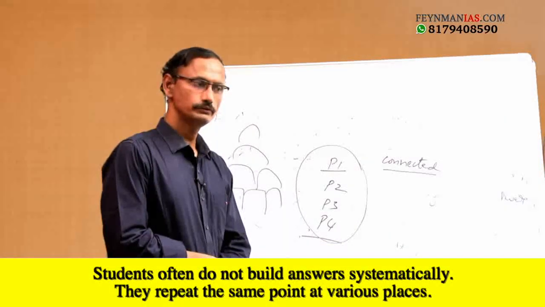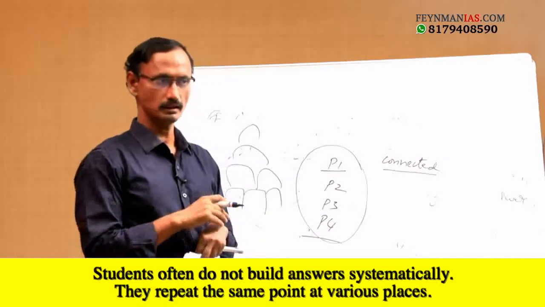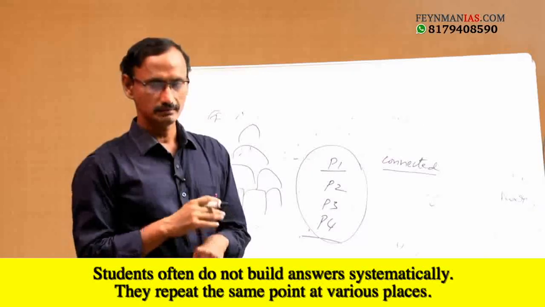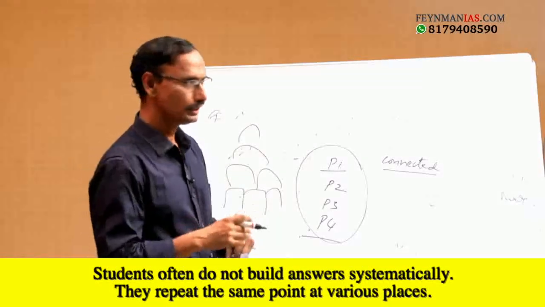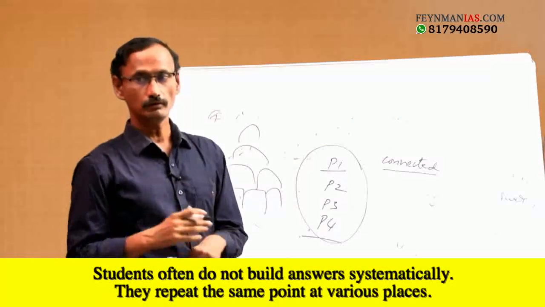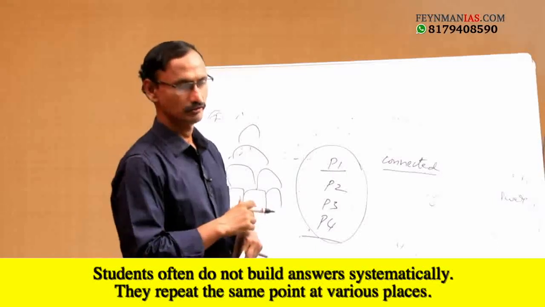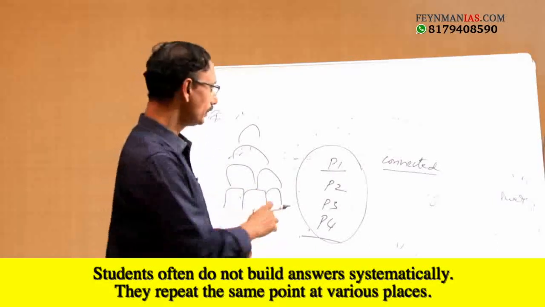What students usually do is, they don't construct a para, and paras are not related. They simply repeat the same thing again and again in the first para, second para, third para. They don't build an answer. You should build an answer without repeating and in a connected way.